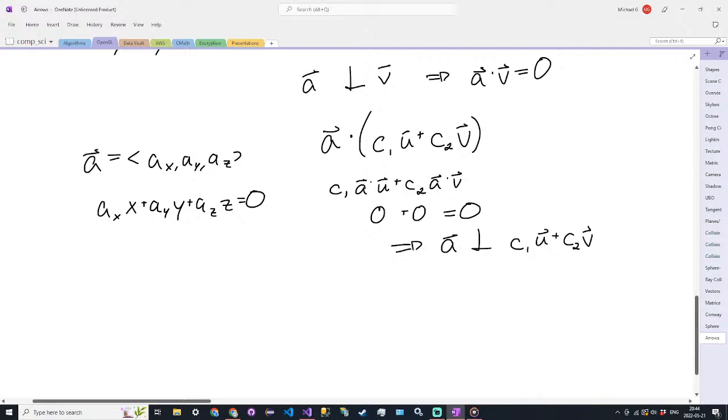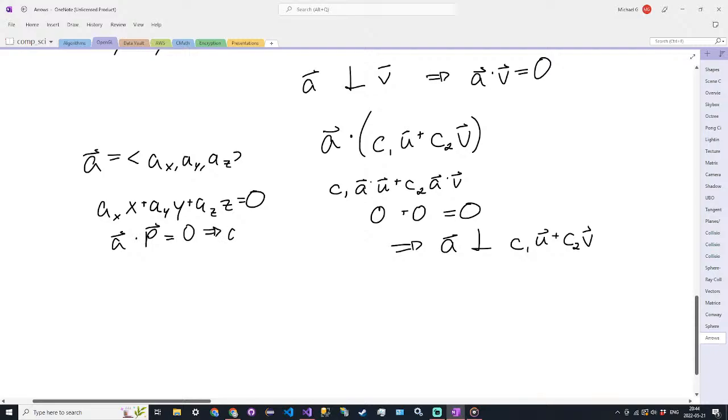And this is just an expanded dot product. So this is just the vector a dotted with any vector we'll call p. So p is any point in the plane. And we'll just call it point, vector, the same thing, especially with the plane that goes to the origin. So a dotted with the point is equal to 0.